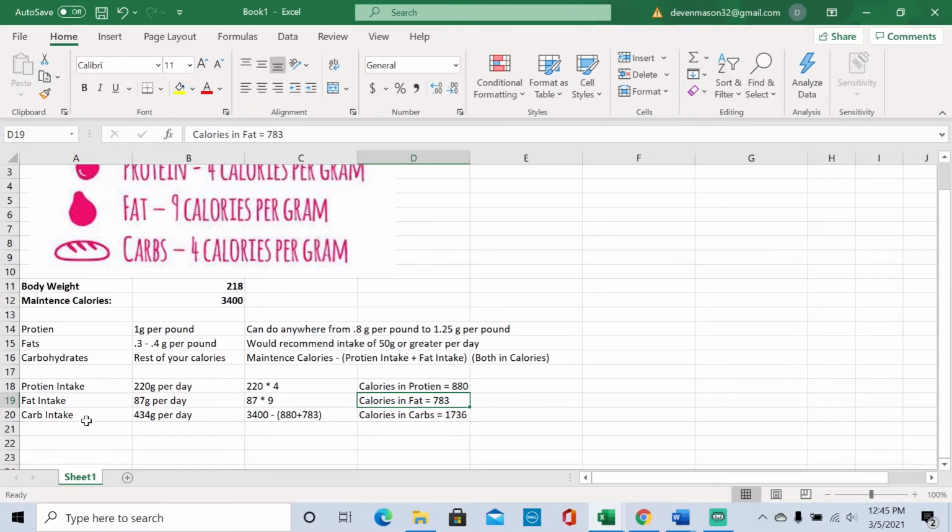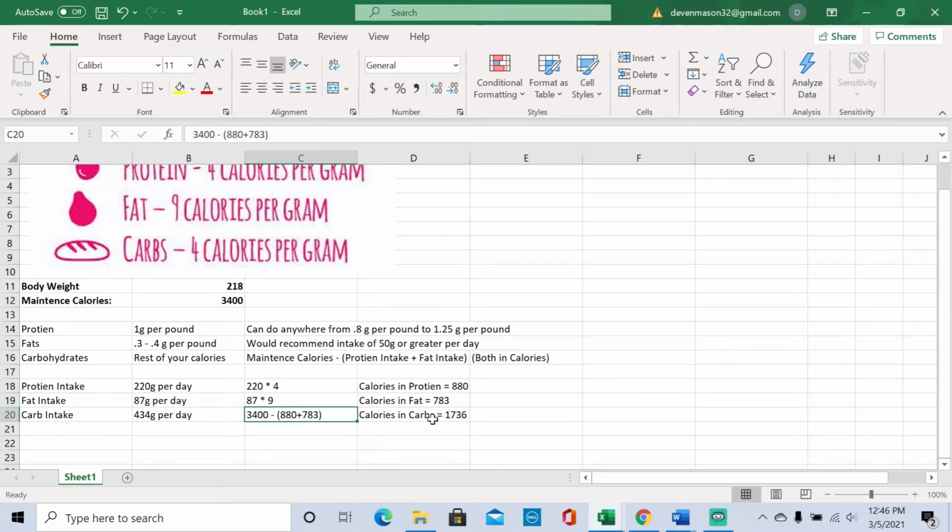So now if we go down to my carb intake, we'll hop straight over to the calculation first, just to get that figured out for you guys and ultimately calculate out how I did get this 434 grams per day. So you will take your maintenance calories, which is 3,400 for me, subtract that 880 for the calories in protein, and then subtract that 783 calories in fat that I do take in daily also.